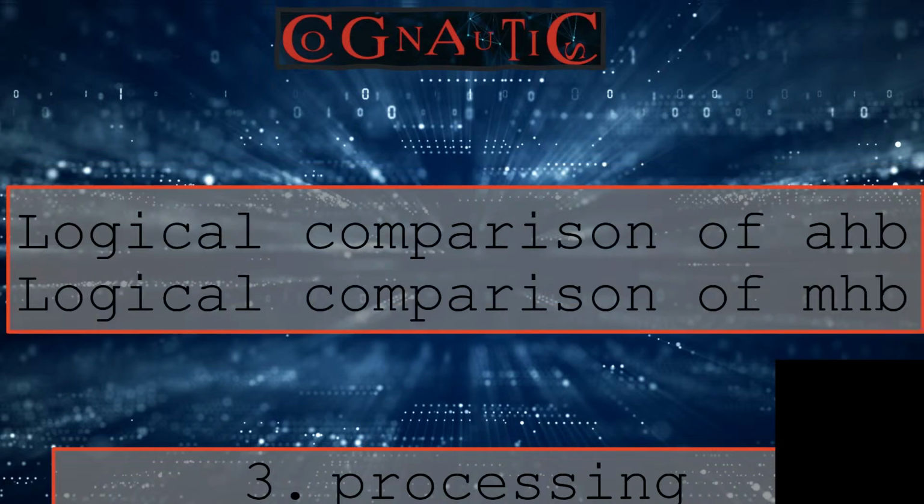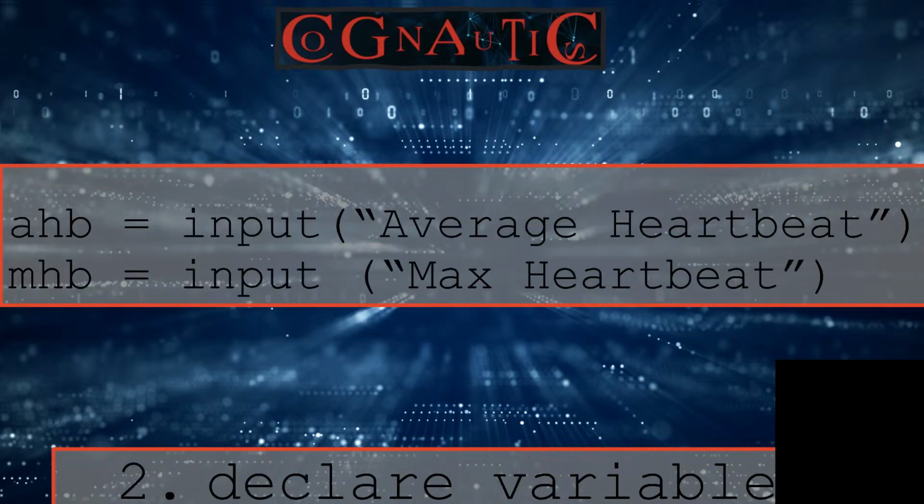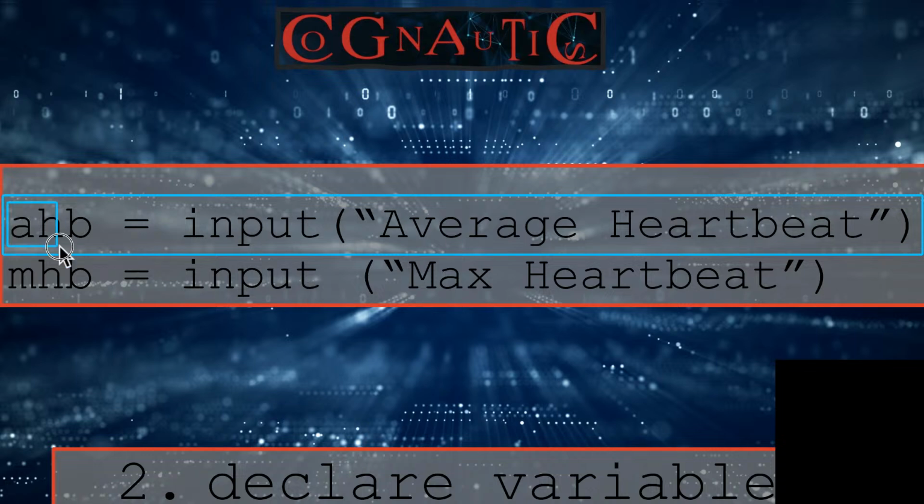Next, we'll focus on, in fact, those were the only variables that we need. And bear in mind, I'm saying inputs and then variables. You are actually creating a variable when you do this, because you've created a variable called AHB, and you've created a variable called MHB, all right? So that's important to remember, that this line of code actually does several things. First of all, it creates a variable called AHB.